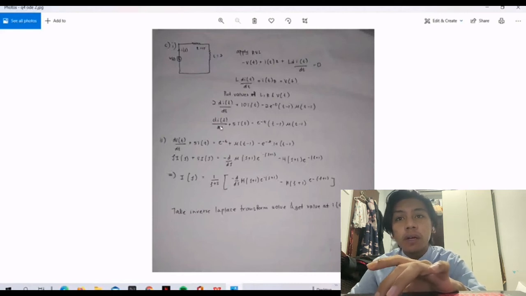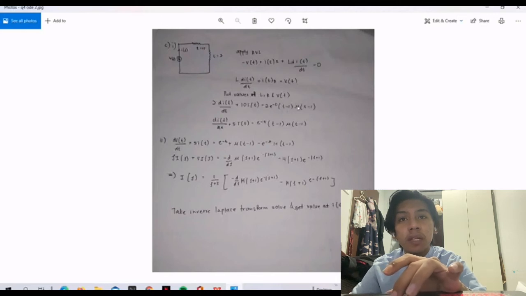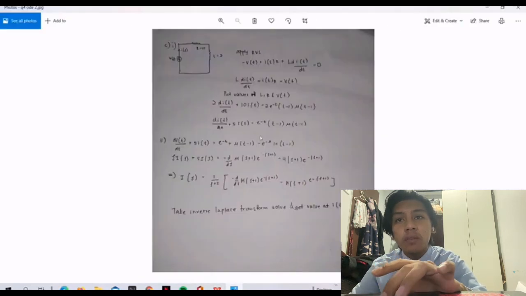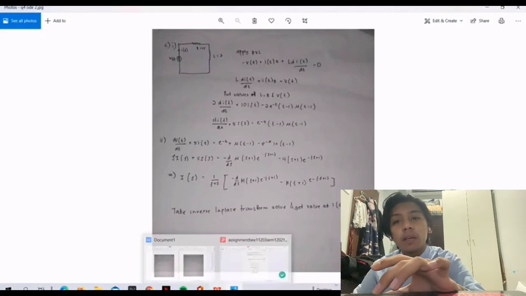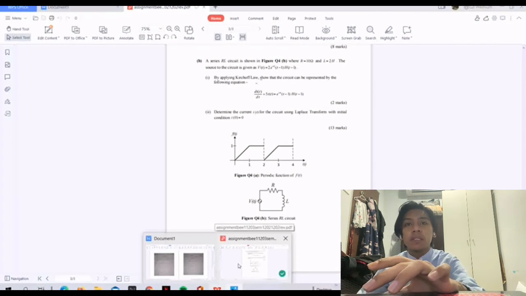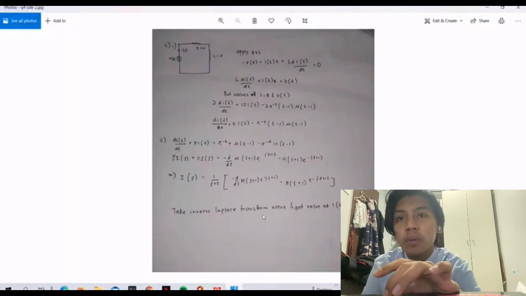After that we will get di/dt plus 10i equals 2e^(-(t-1)) H(t-1), which is similar to the equation that is given. So the circuit can be represented by the following equation.